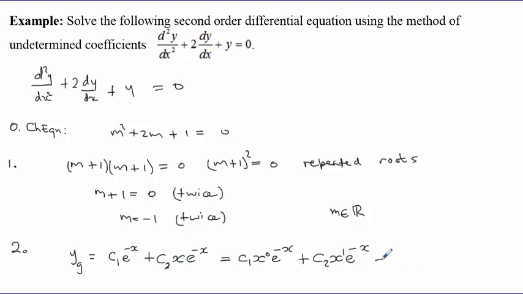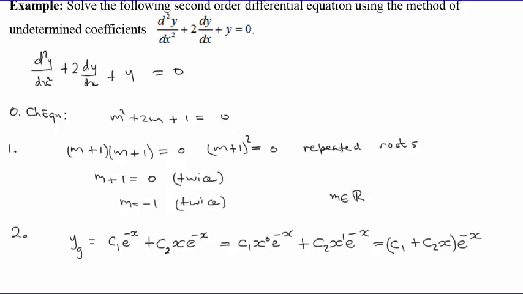Simplifying this will look like C1, since x to the power 0 is 1, C1 plus C2 times x, multiplied by e to the power minus x. That will be our solution. This is the form of the solution when the roots are repeated, in this case repeated twice.